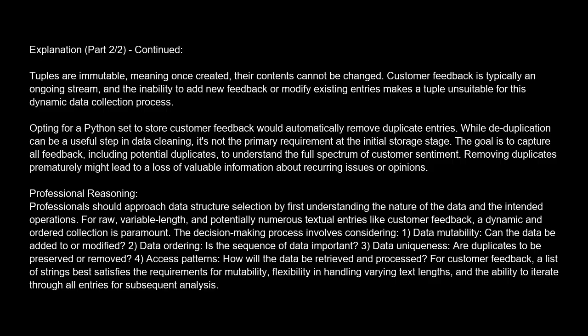Data ordering. Is the sequence of data important? 3. Data uniqueness. Are duplicates to be preserved or removed? 4. Access patterns. How will the data be retrieved and processed? For customer feedback, a list of strings best satisfies the requirements for mutability, flexibility in handling varying text lengths, and the ability to iterate through all entries for subsequent analysis.